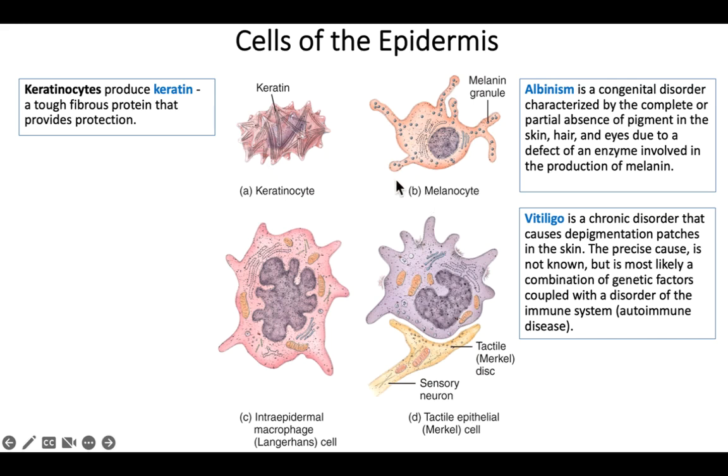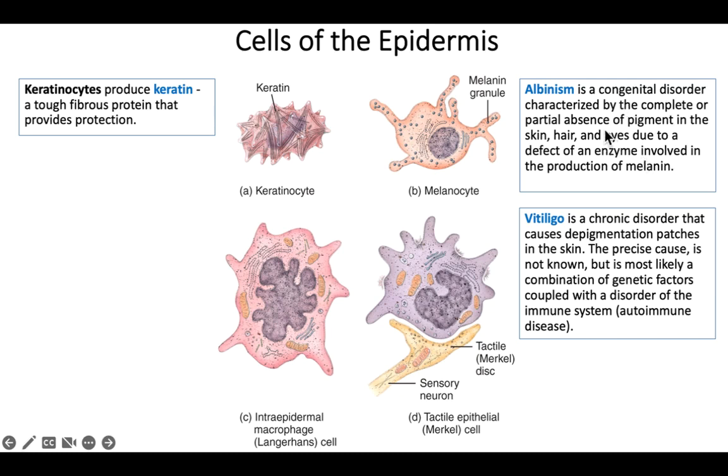While we're talking about melanocytes, there's a couple disorders of melanin production. Albinism versus vitiligo. So albinism is congenital, which means you're born with it. It's a genetic problem in which you have the melanocytes, but they are unable to produce or completely produce the pigmentation, the melanin.